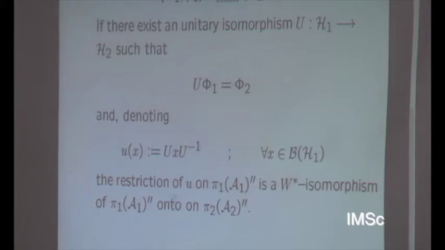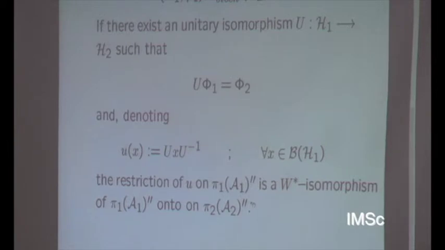But I want that the restriction of this isomorphism on the bicommutant of the first algebra is a W star isomorphism onto the other algebra.